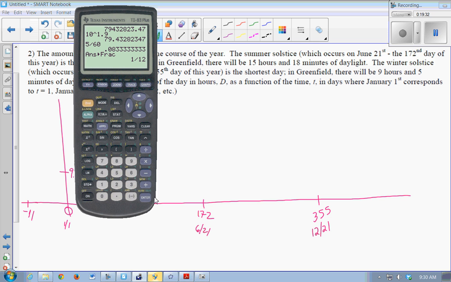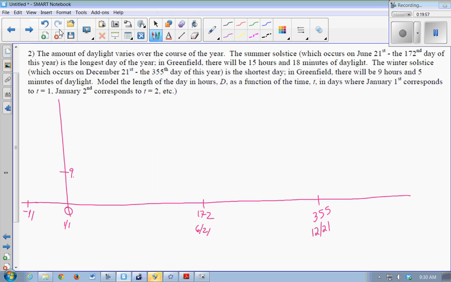So 9 and a 12th, right? When you're dealing with time, there's a little wrinkle in every problem that deals with hours and minutes. It's really tempting to write 9.5 or 9.05, but that 5 is out of 60, not out of 10 or 100, because we measure time with 60s instead of 10s like everything else. So it's 9.083 repeating.